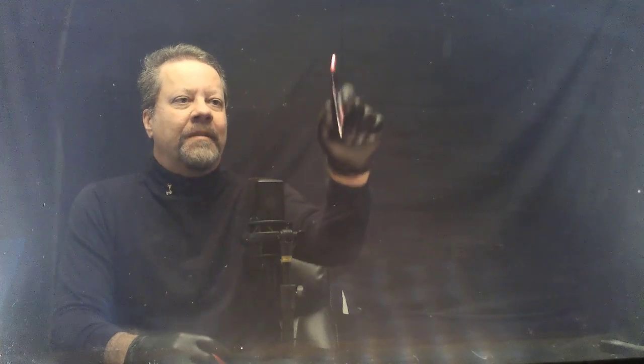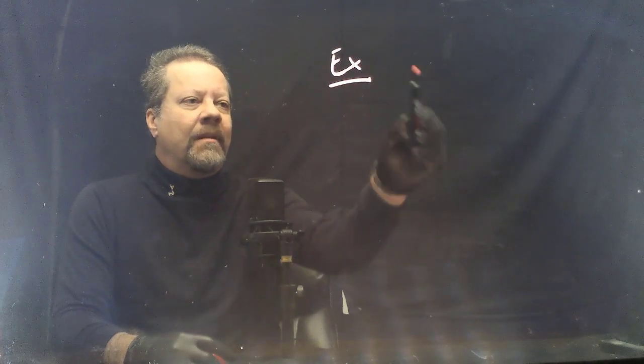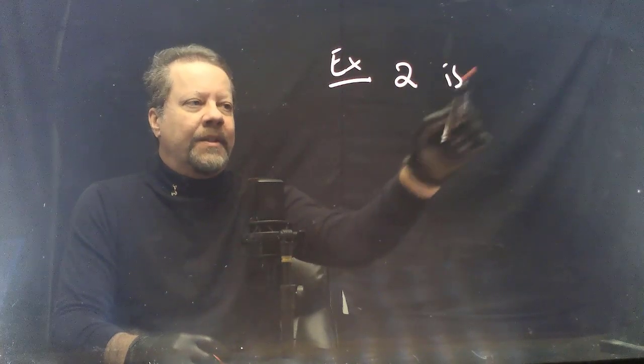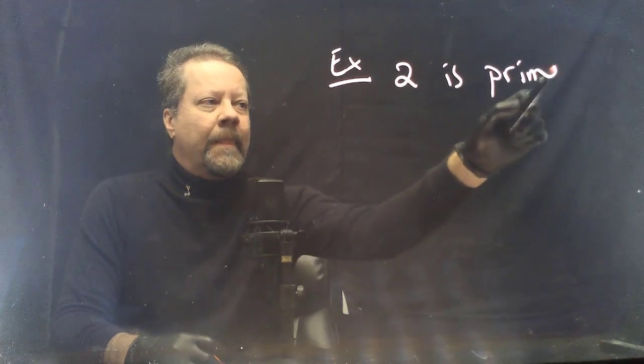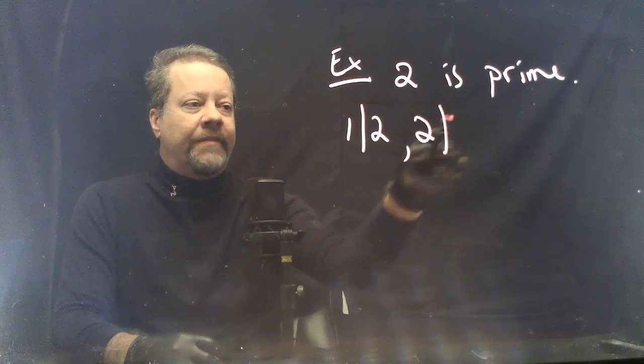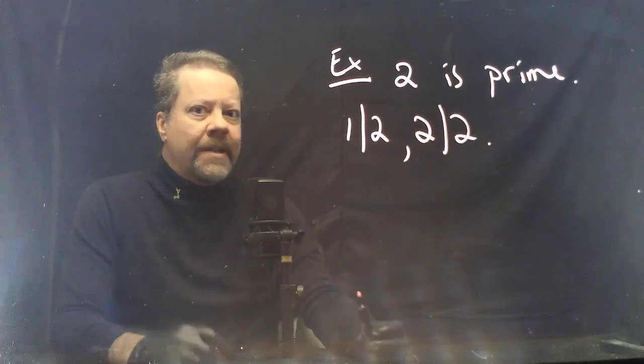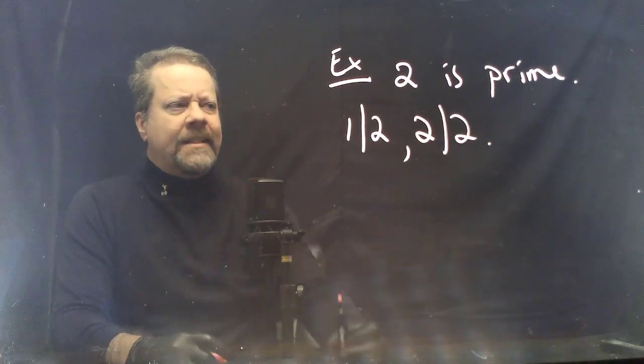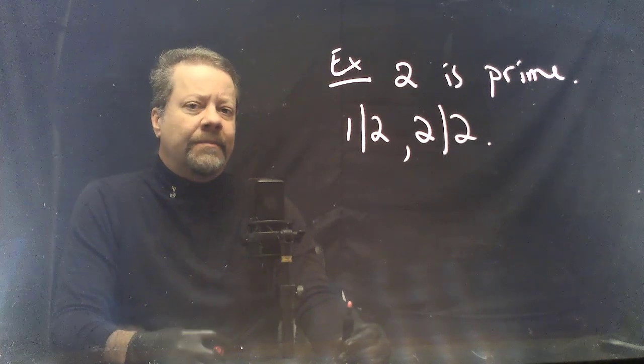From the example of the number 6, any number that is not prime is said to be composite. However, let's look at another example. 2 is prime because 1 divides 2 and 2 divides 2, but there's nothing else that divides evenly into 2 with a remainder of 0.